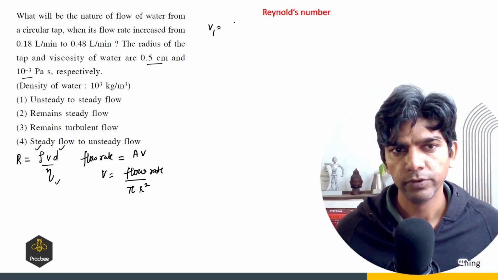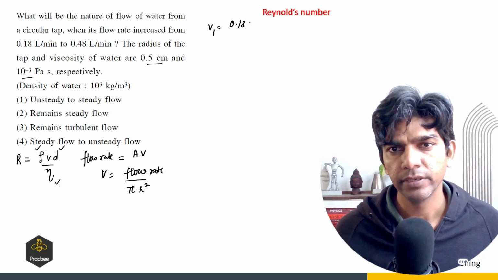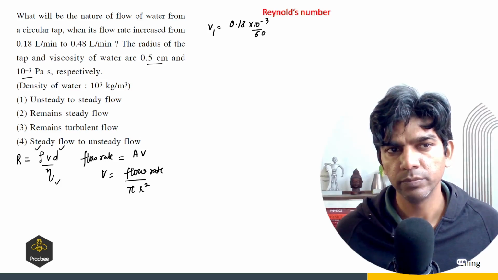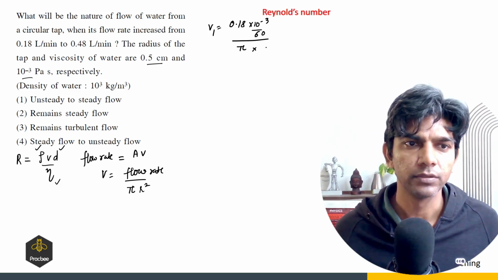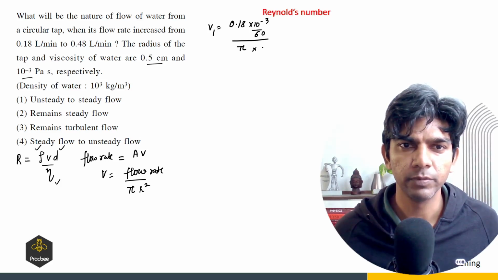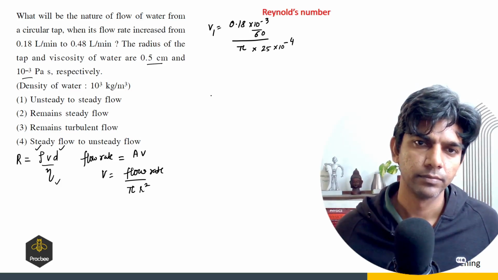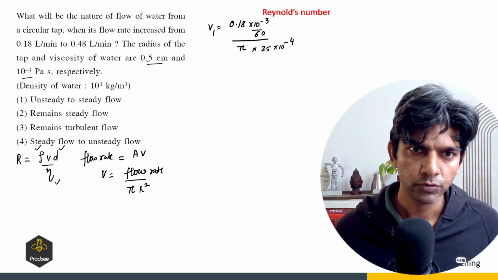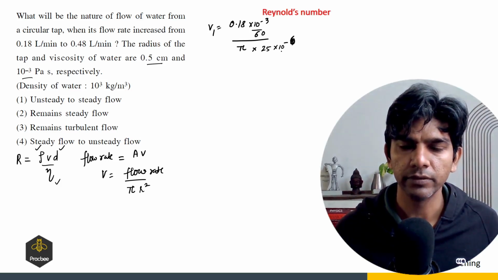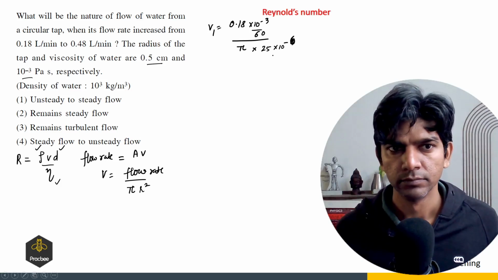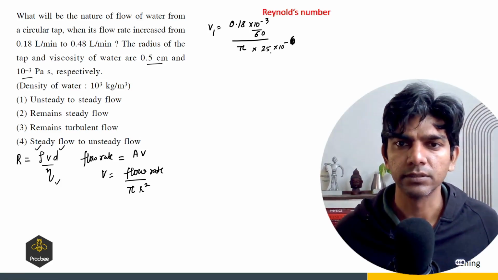Okay, so let us first calculate the velocity in both the cases. So v1 will be 0.18 liters per minute. So liters per minute can be written as 10^-3 divided by 60 meter cube per second, divided by pi r square. So r is 0.5 centimeters, so r square will become 25 into 10^-6.